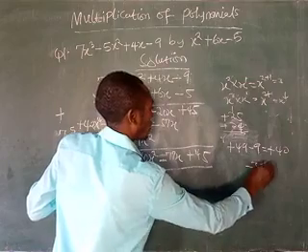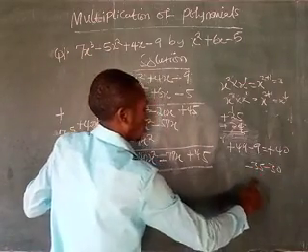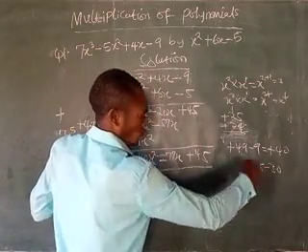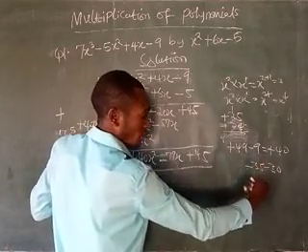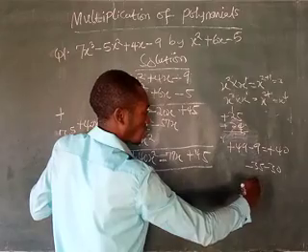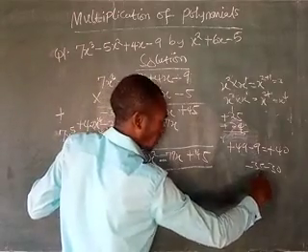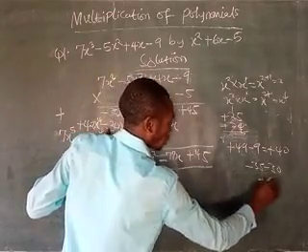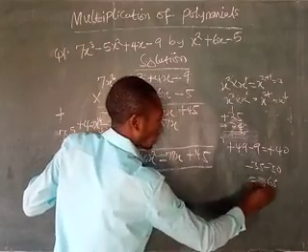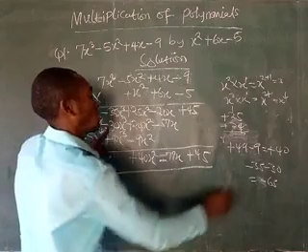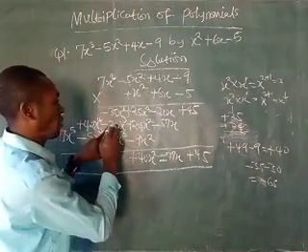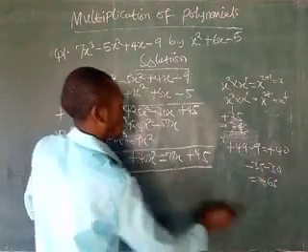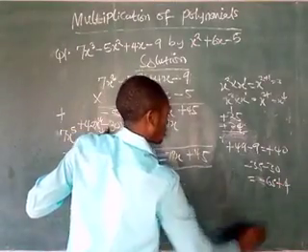If you have a minus and a minus, you add them and attach a minus sign to the answer. So we say 35 plus 30, which gives us 65. You attach a minus sign to your answer since they are all minus. So we have minus 65 plus 4.